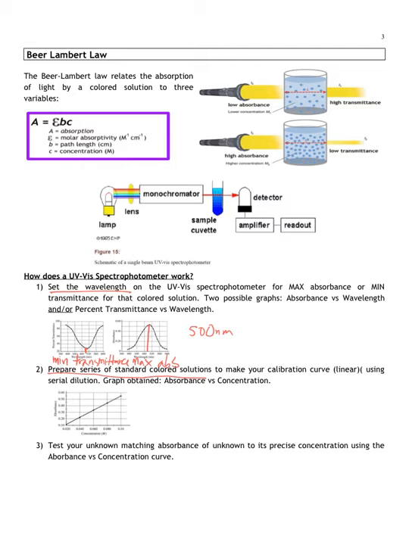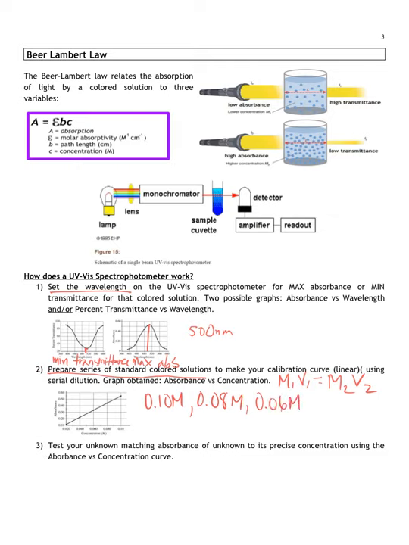And again, reminder, serial dilution is really looking at M1V1 equals M2V2. In this graph, you're seeing that you're starting off with a concentration of 0.1 molar of whatever colored solution you're looking at, and then 0.08 molar, and then 0.06 molar.